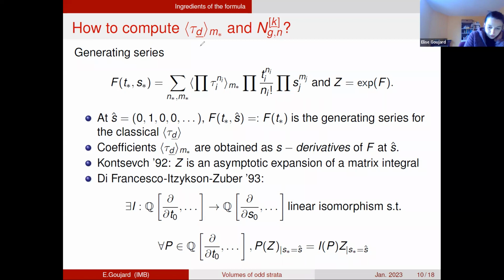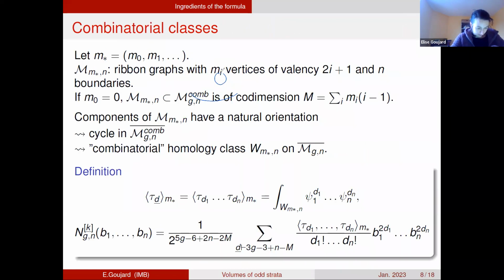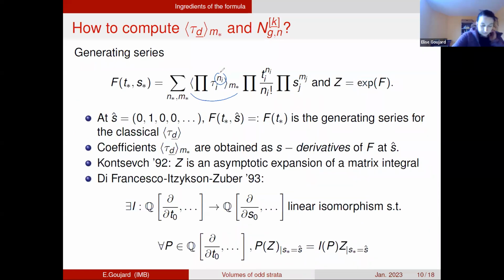So you can put these coefficients into a generating series where you record the... did I introduce the notation tau? Yes, okay. The t variables encode the power of tau, and the s variables encode the valency profile.